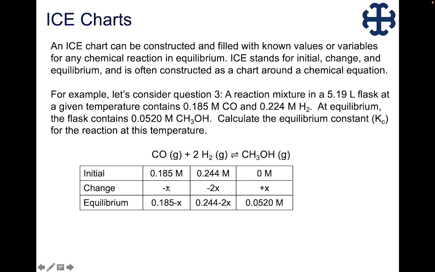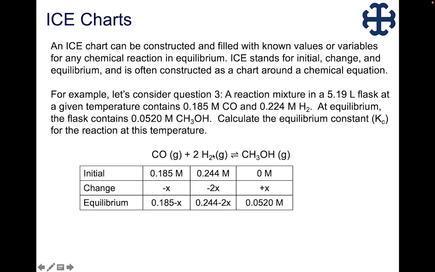Then we can figure out our change in concentration for each of our species by thinking logically about this. If we start with just reactants, we know we're going to form some amount of product. In this case, we know actually how much product we're going to form. Then we have to lose some variable amount, which I call X here, of carbon monoxide.